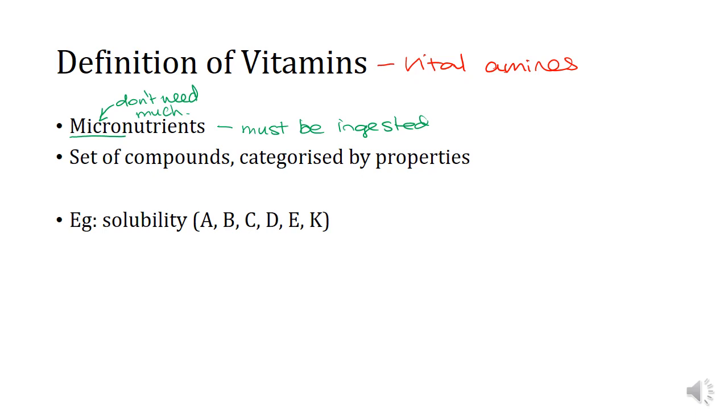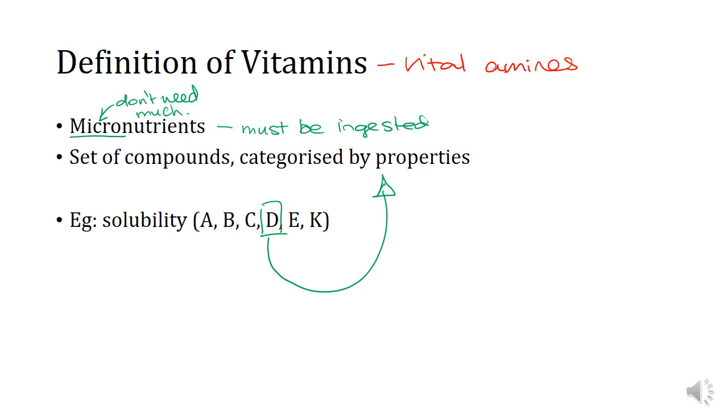Now, when we talk about vitamin A, B, C, D, E, and K, I don't know why we jump, but when we talk about those categories of vitamins, not every single form of vitamin D looks the same, but we categorize them by their properties.